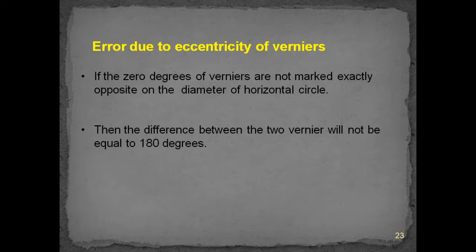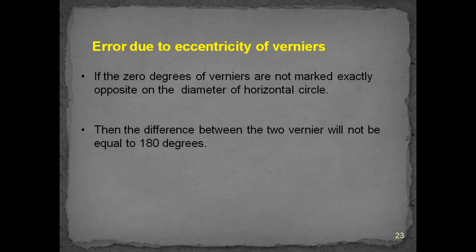Now, some of the instrumental errors are such that they need a permanent adjustment. One should calibrate the instrument so as to eliminate all these errors. The calibration of the instrument is nothing but making all the adjustments perfectly, that is permanent adjustment.